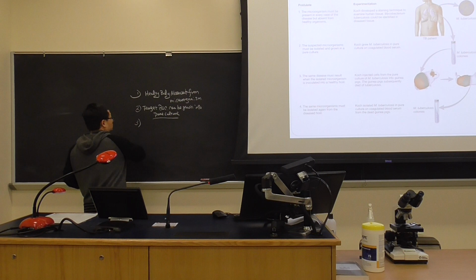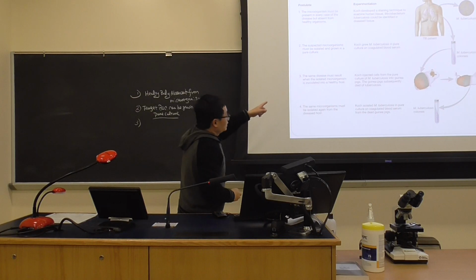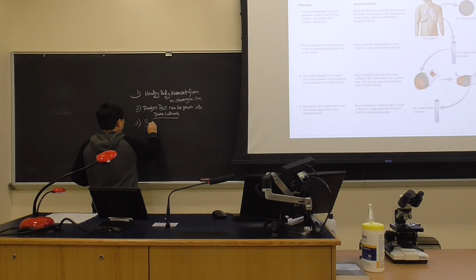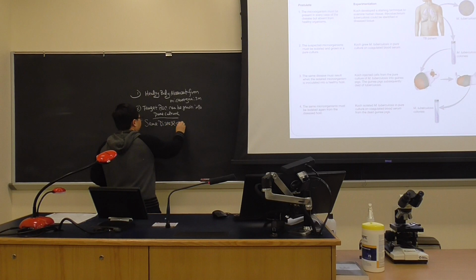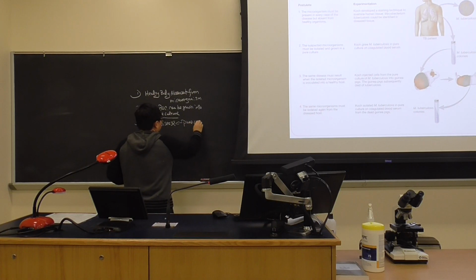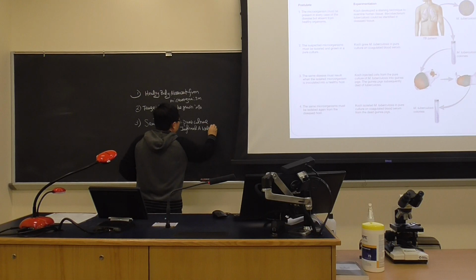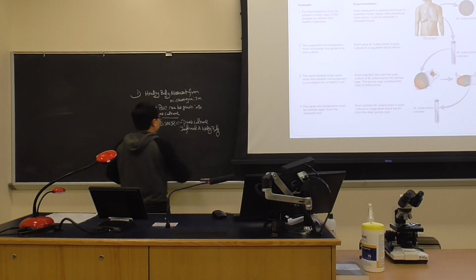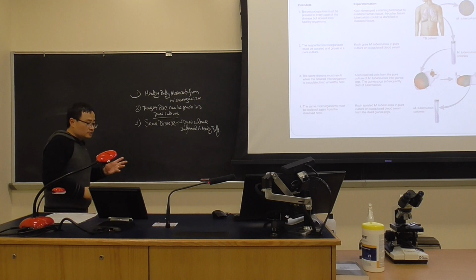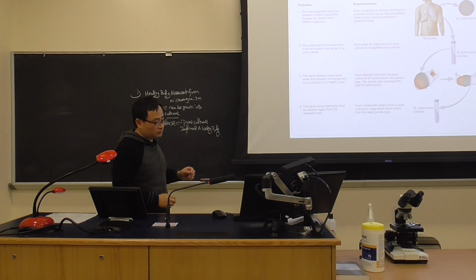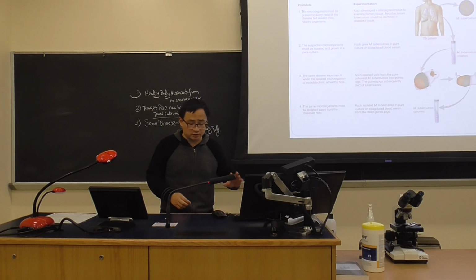And the third one, which you can look at here, the same disease will happen if the pure culture infected a healthy body. So for example, if you have tuberculosis, the tuberculosis you got isolated to get a pure culture. You use it to inoculate, or we say spike, or infect a healthy body.